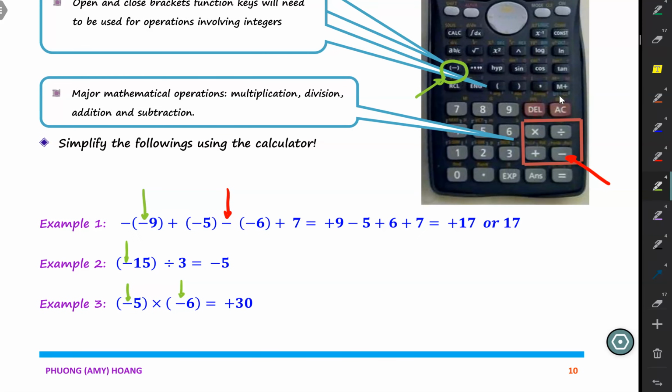So if you want to present a negative number, make sure that you use this key right here. I would like everyone to play around with your calculator, work with example 1, example 2, example 3 to make sure that you get the result listed here for you.